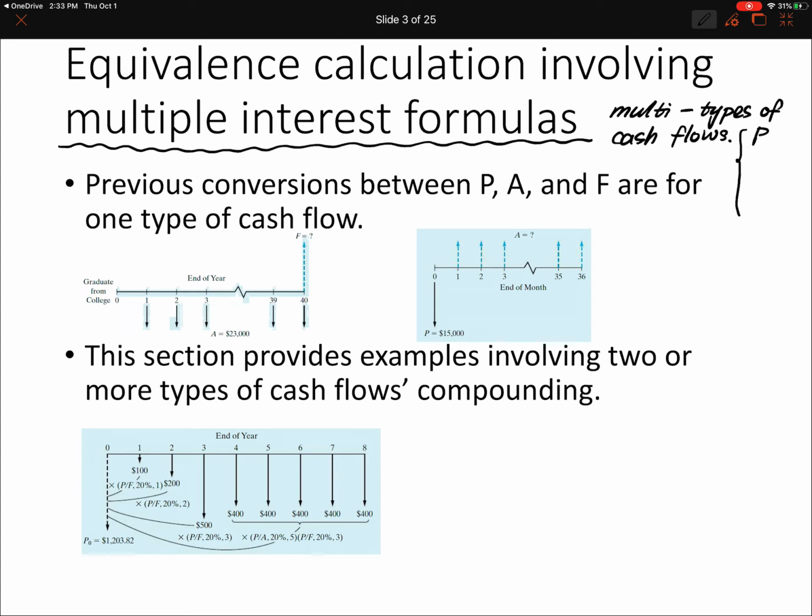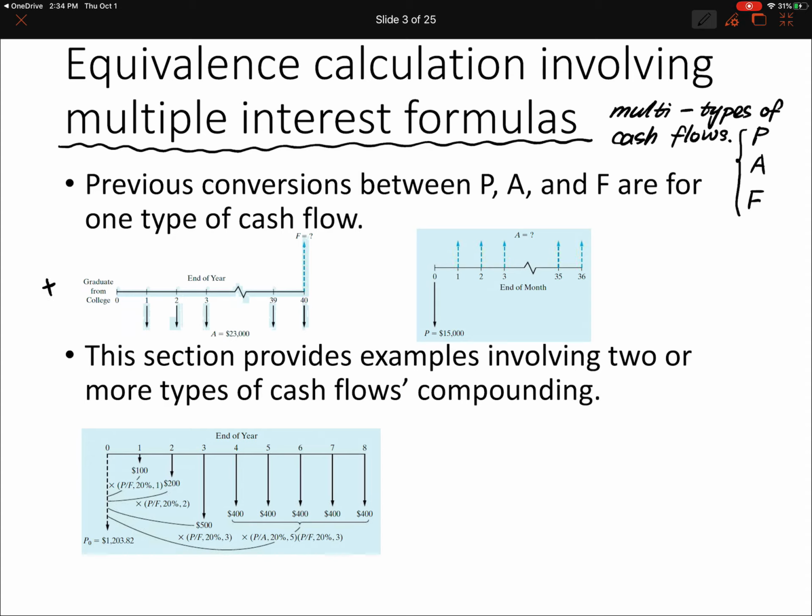So we said we have learned different types of cash flows: present value, annuity, future value, right? And if you remember, in the previous classes we only talked about how to convert a single type of cash flow to another single type of cash flow.